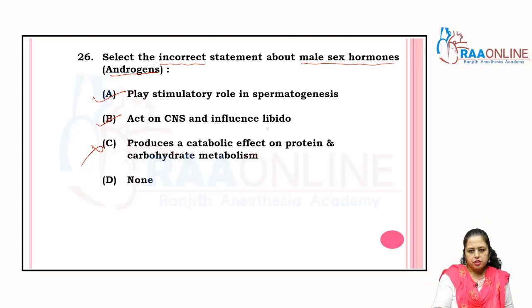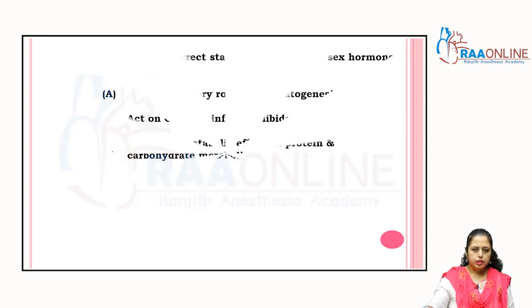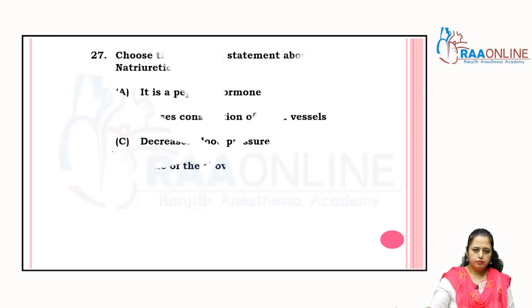So in that question, that word is libido. What is that libido? That is the sexual desire, right? That libido means the sexual desire. Clear? So that androgen is related with both of them, but not related with that. Clear? Come to the next, that is 27th.